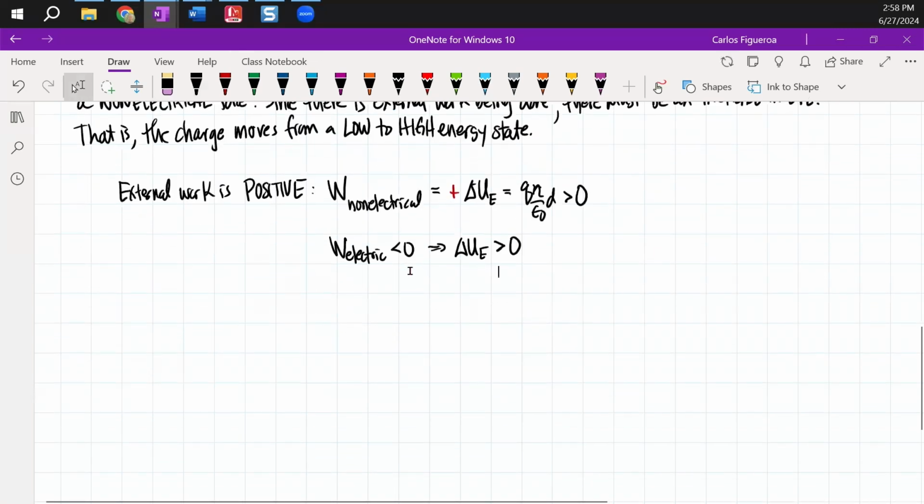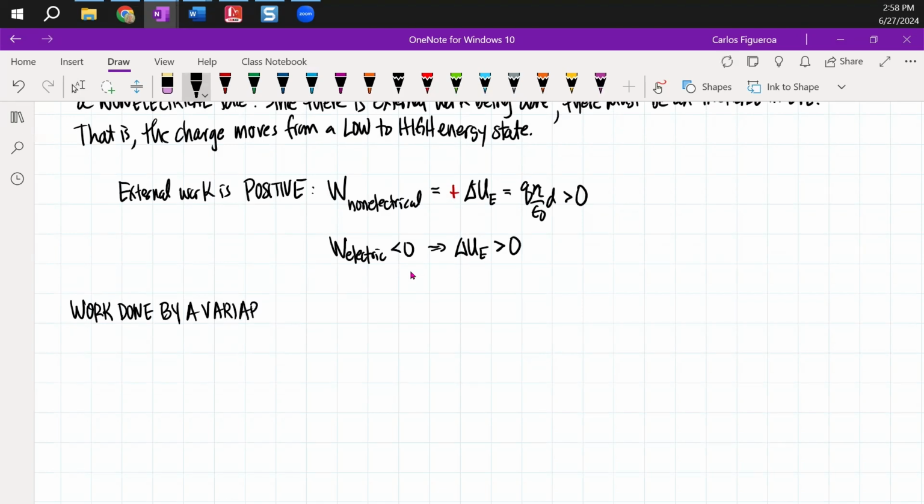Now let's go to the work done by a variable force. And what I'm going to focus on is the point charge field, because it's the easiest.